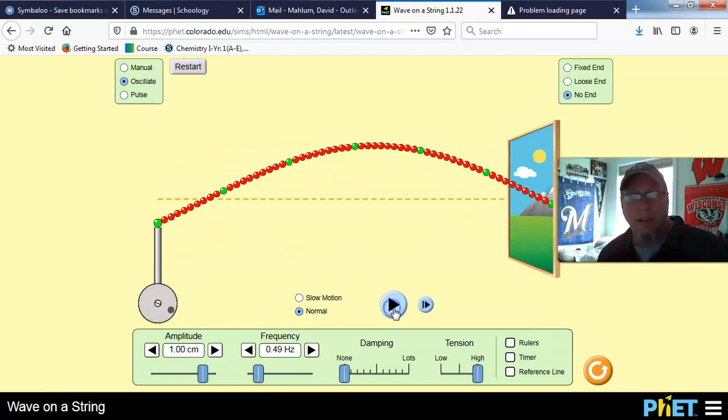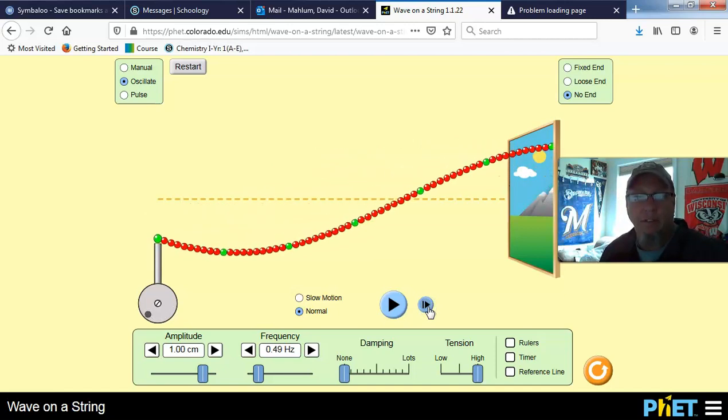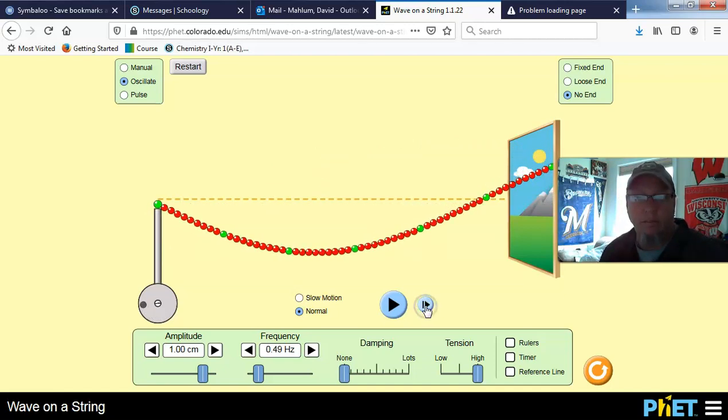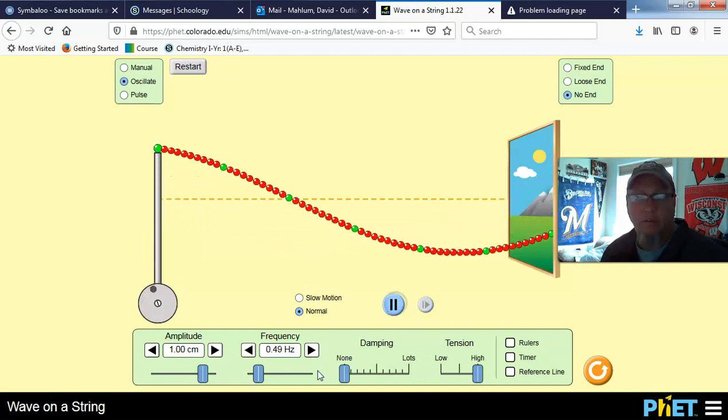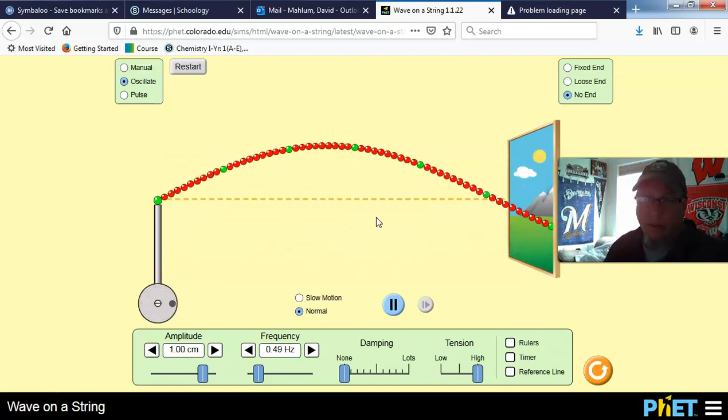If I stop this at any given point in time, what I should have on my screen here is half of a wave. So it starts here. Just a trough. That's half of a wave. So frequency, the number of waves on the screen at a given point in time.